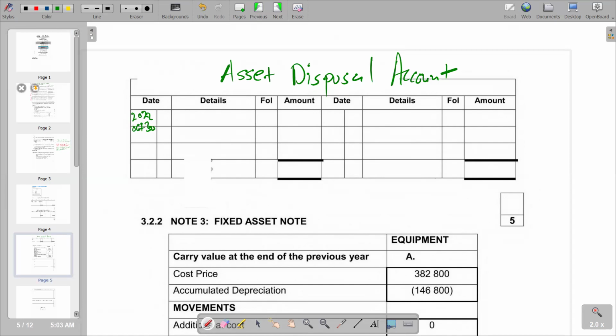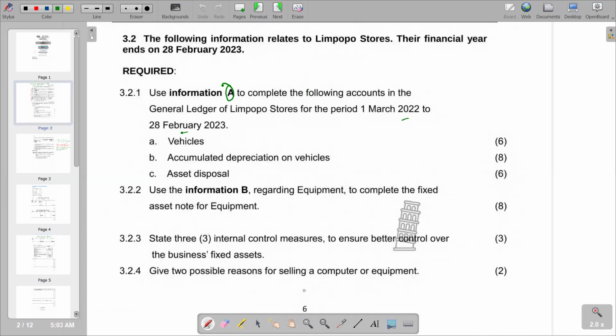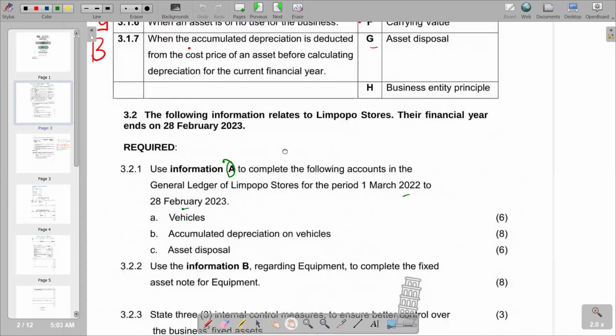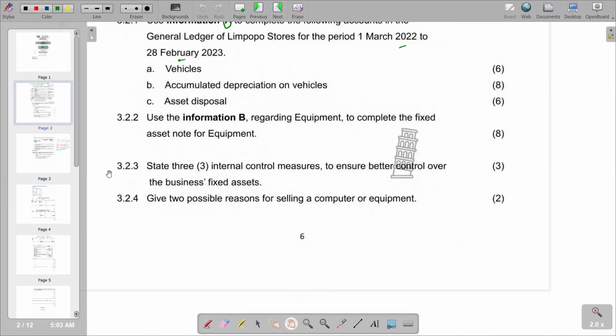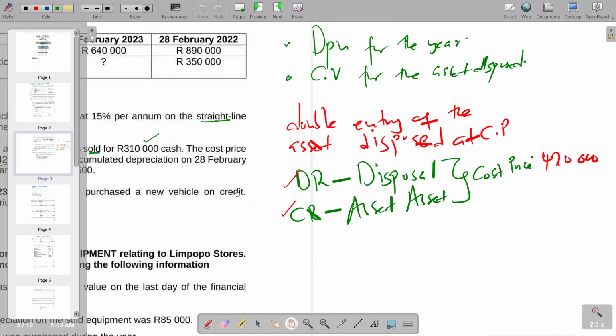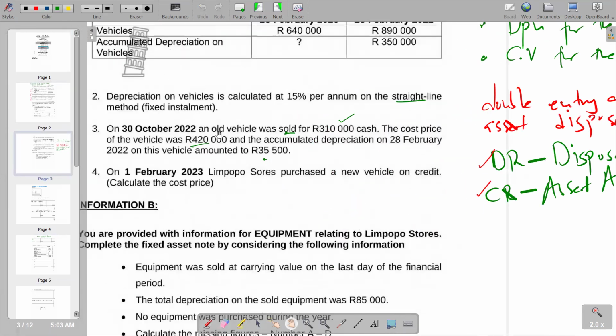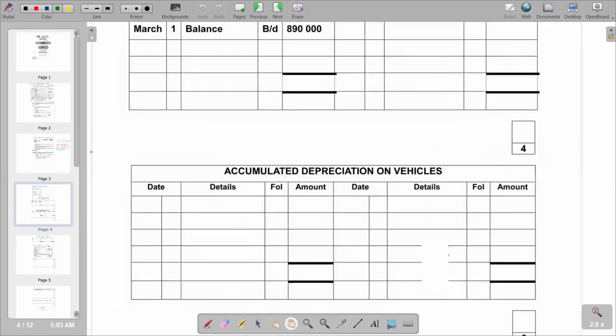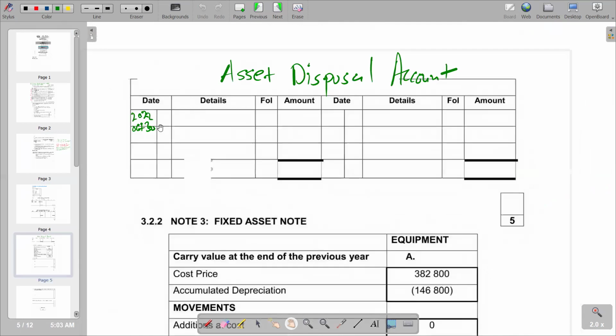If we refer back, we see that our non-current asset was disposed of on October 10, so October 10 is the date. That's why we put October 10 as our date.